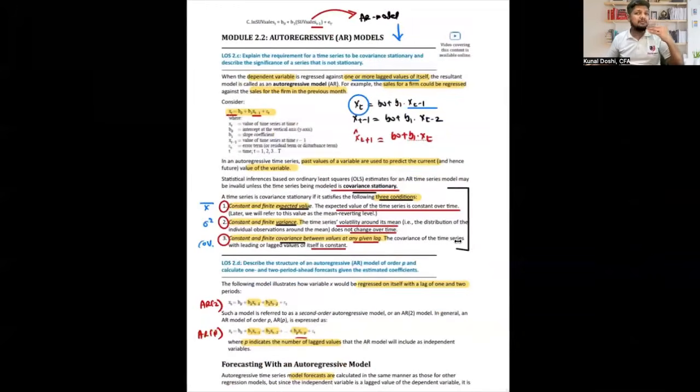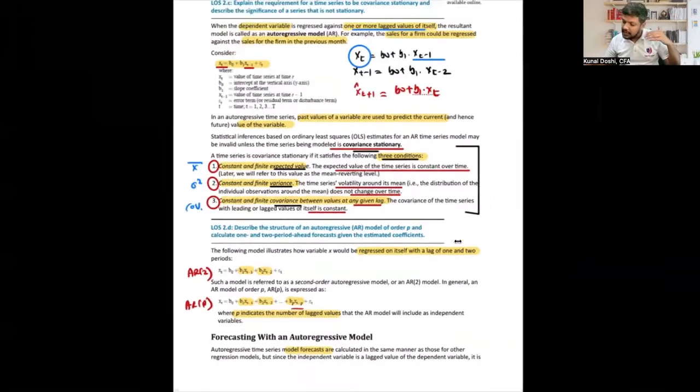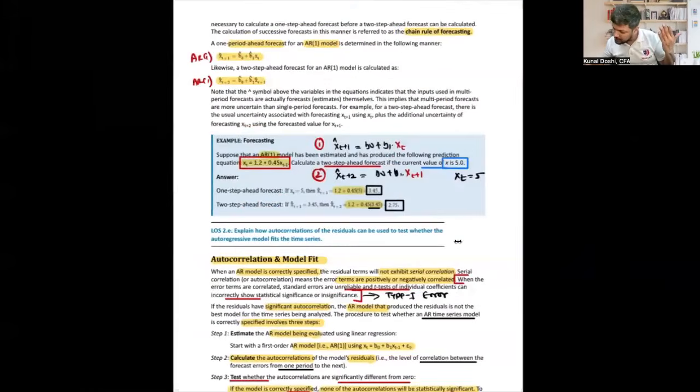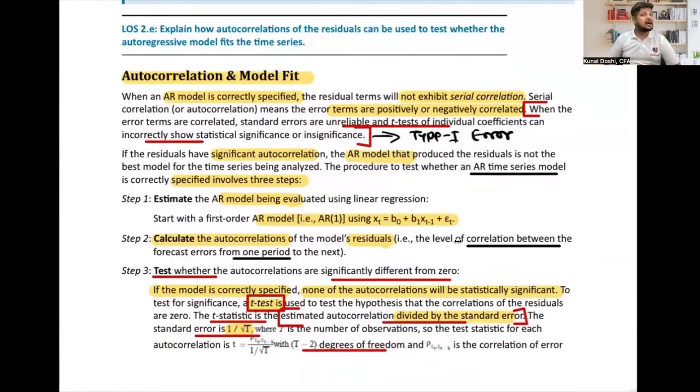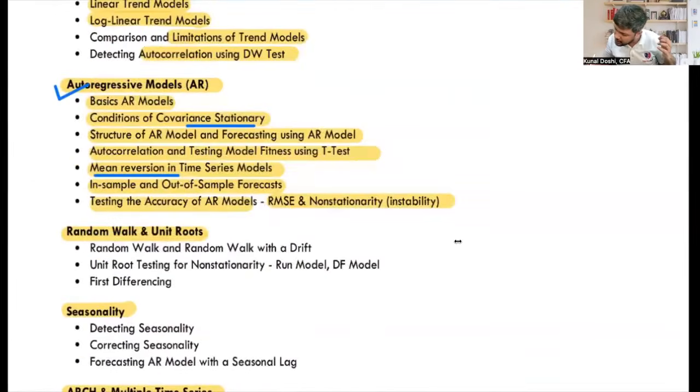These three conditions are very, very essential, which we will need. AR can be an AR(p) model, meaning one lag or two lags or multiple lag variables, but they're still called AR models, correct? And again, to test the AR model or to test the coefficients, which issue were we worried about with the AR model? Which assumption of multiple regression is being violated? Autocorrelation. So we did an autocorrelation test, everyone in the class, right?